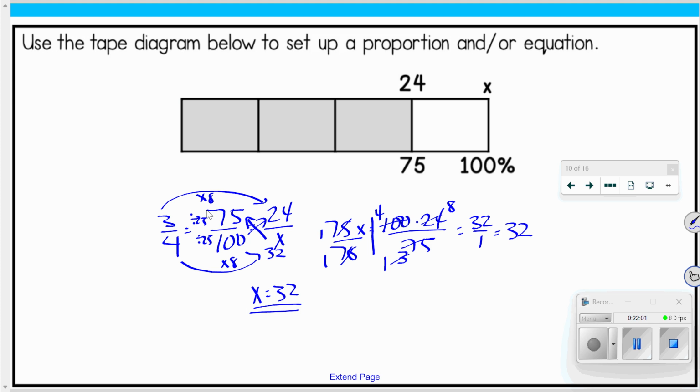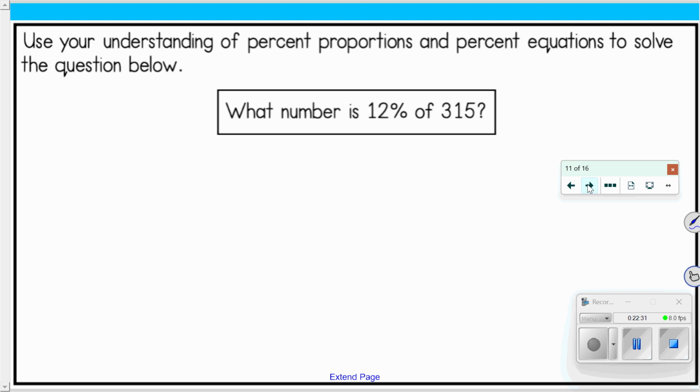Guys, if I can't simplify my percent to get to the other side easily, quite frankly, I would just go to cross multiplying. If you can do an easy reduction, I don't mind doing it as a proportion still, but I really strongly prefer the cross multiplying way because to me it's easier to do my reductions when I have all my numbers laid out like this. If you look for those reductions, it's going to make the math a lot easier for you.